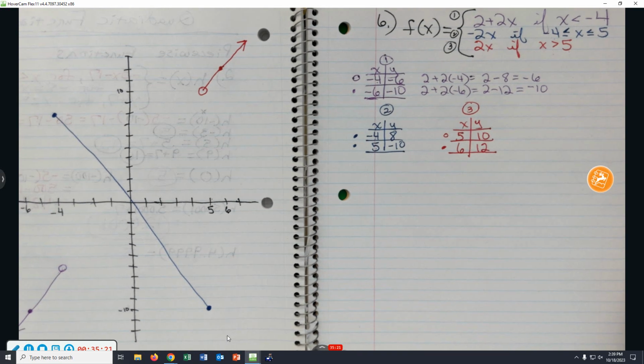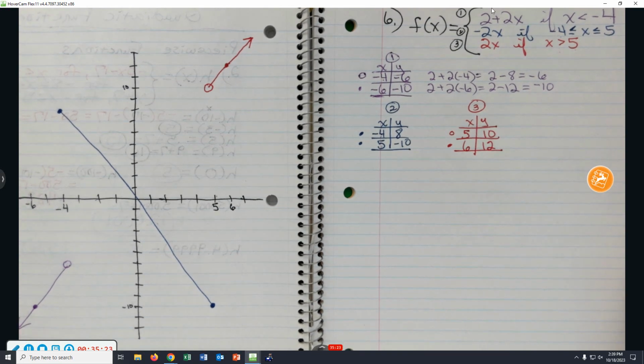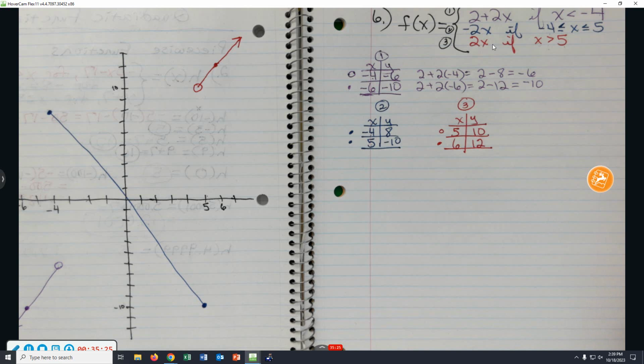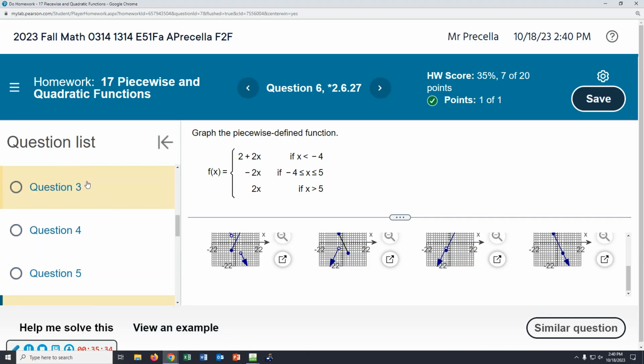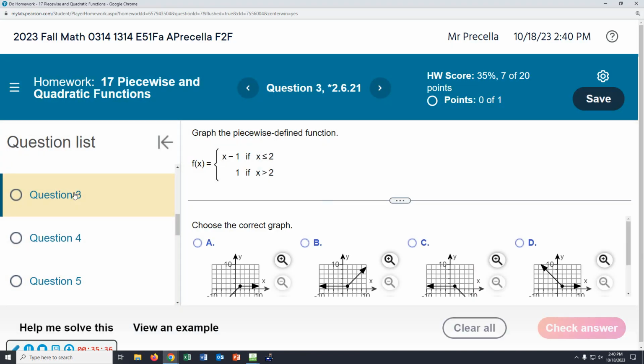Okay? This one had 3 pieces. Most of them just have 2 pieces. Let's look at number 3. Okay, let's do one that might seem a little easier now, as there's only 2 pieces on this one. Let me write it down. This is number 3.